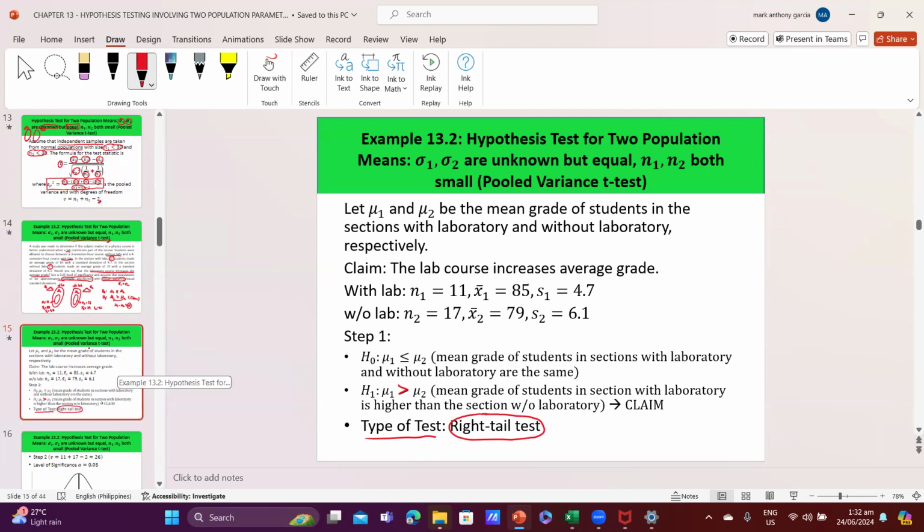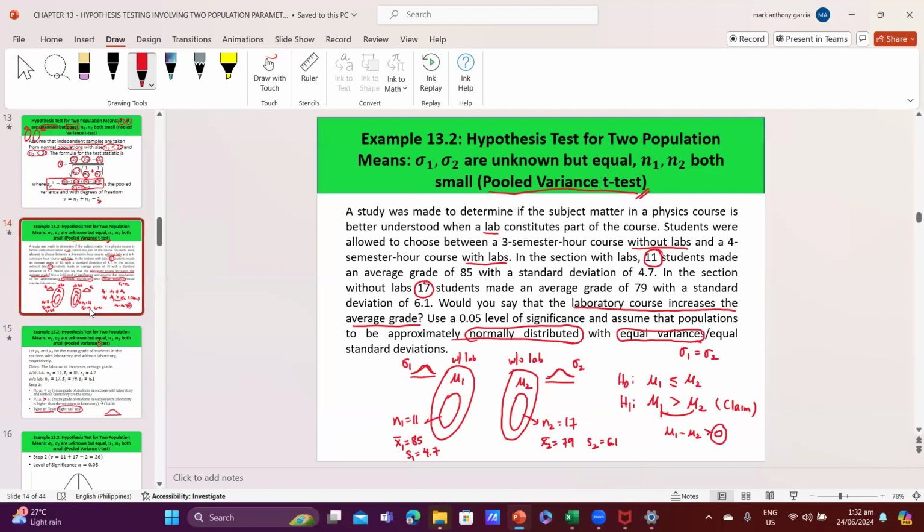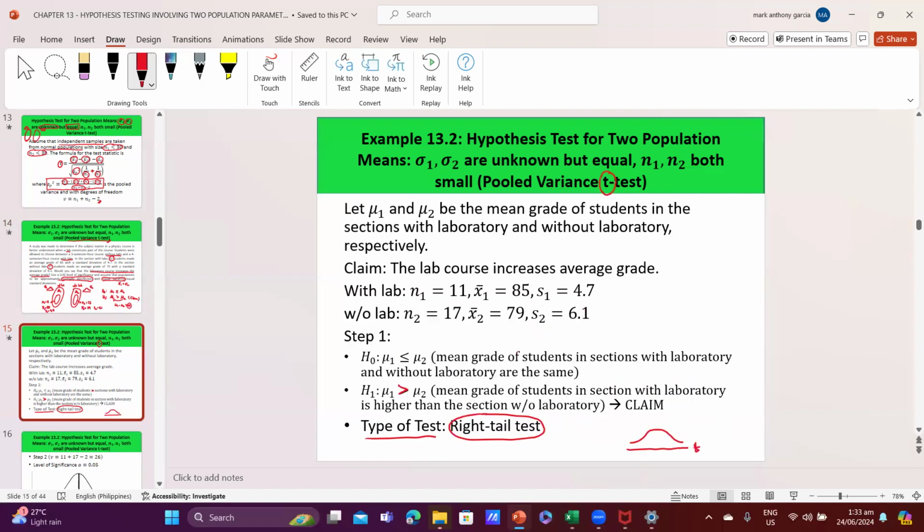Now, since this problem is under case 2, we're going to use the t-distribution. Since our level of significance is 0.05, we shade the rightmost part of the t-distribution, and the area to its right side is 0.05 or 0.0500.